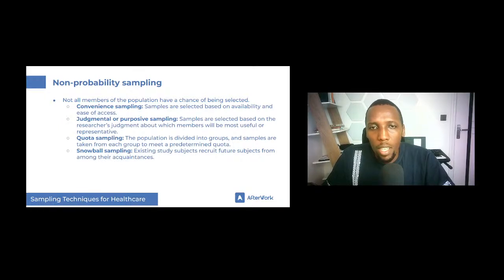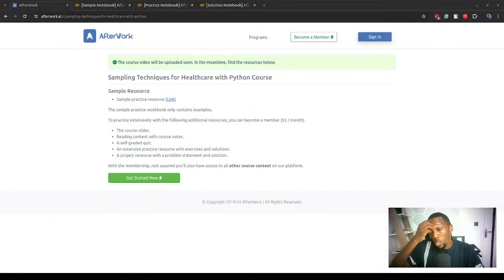So at this particular point, I'm going to ask you to go to the description of this video and click on the link, and it should take you to this page. The resources link should take you to sampling techniques for healthcare with Python. We are going to cover now the application of Python programming in sampling, more specifically probability sampling.